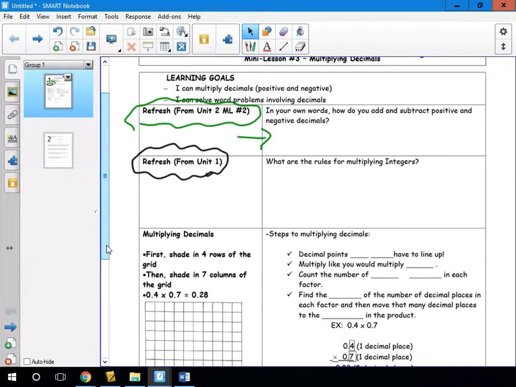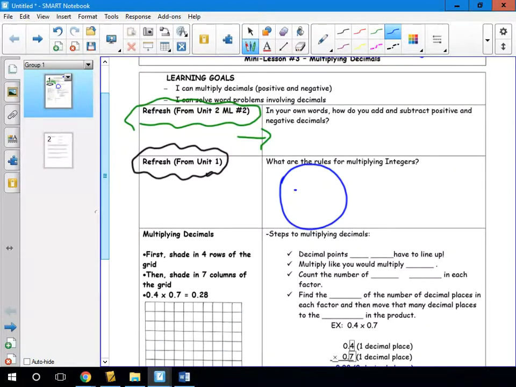Have no fear, Integer Man is here. So we learned all about Integer Man. Remember Integer Man? He's really tired from all that math, so his eyes are negatives. He can smell math from a mile away, so his nose is a positive. And his cape reminds us that he only knows how to multiply and divide.